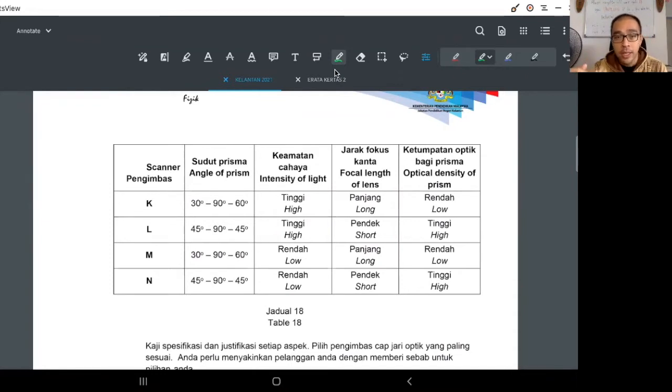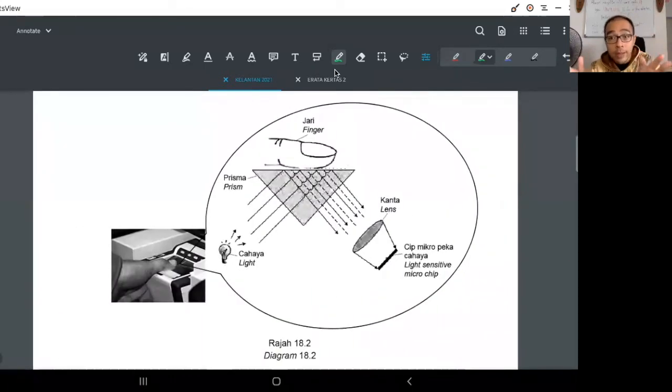Number one, angle of prism: 45, 90, 45, or 30, 90, 60. This is a very obvious one. It has to be 45, 90, 45. The reason for this is so that total internal reflection can occur. I have no time to go into all the details, but if you remember, there are two types of prisms. One prism is all 90-degree prisms.